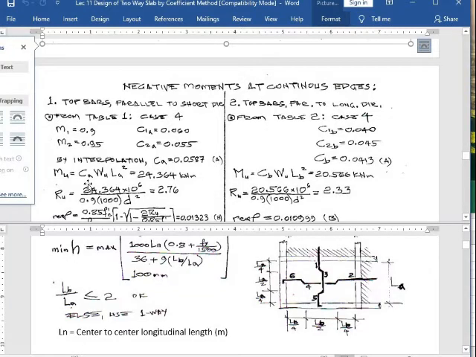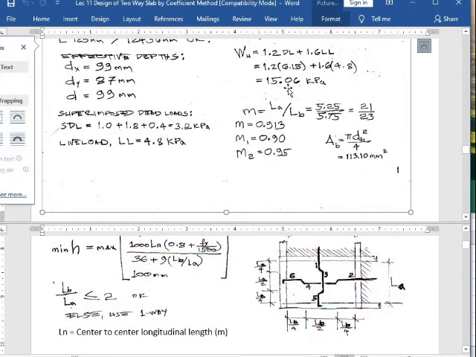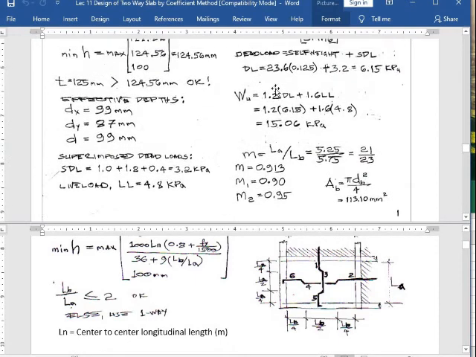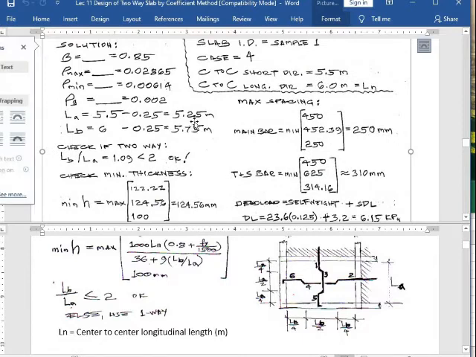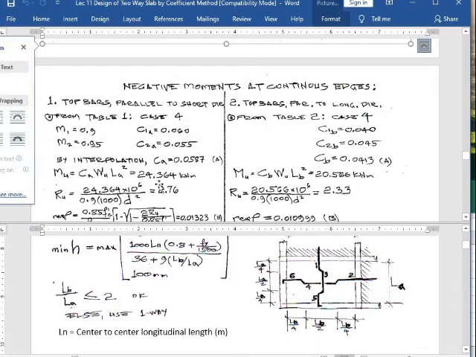Next is, you multiply that with W sub U, which is 15.06 times LA squared. LA is 5.25 squared. It will give you 24.364. Next, you multiply this immediately by 1 million divided by 0.9 times 1,000 times D squared.